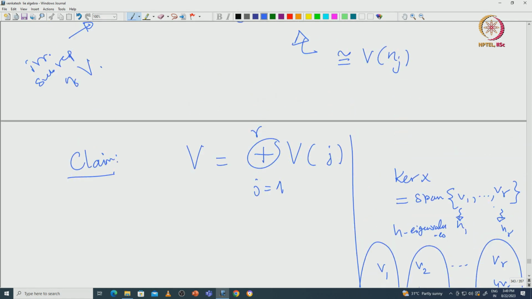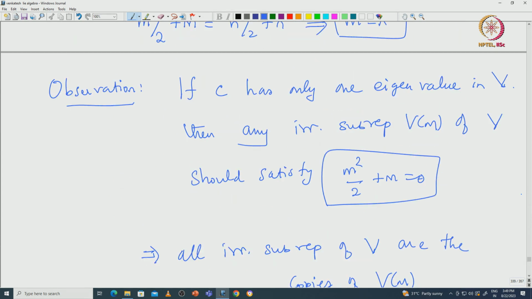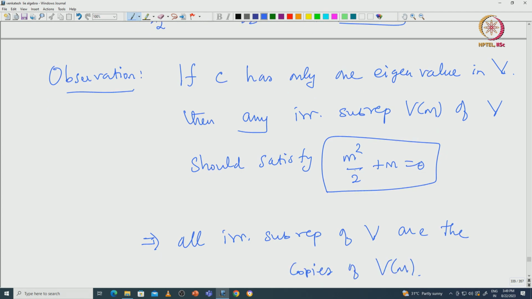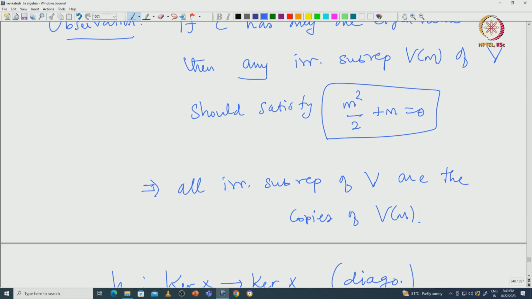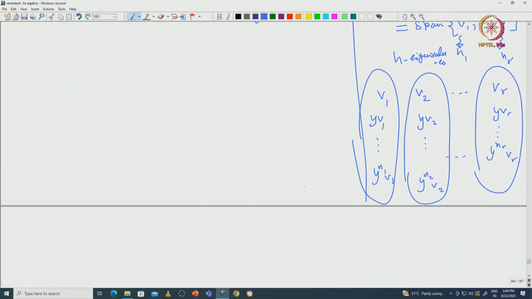Now, from your earlier argument, if C has only one eigenvalue inside capital V, then any irreducible sub-representation must be isomorphic to V of m, where this m satisfies m squared by 2 plus m equals theta. So, that means all irreducible representations are copies of V of m. If you put together, then you can see that this n_1 must be equal to n_2, etcetera, must be equal to n_r.